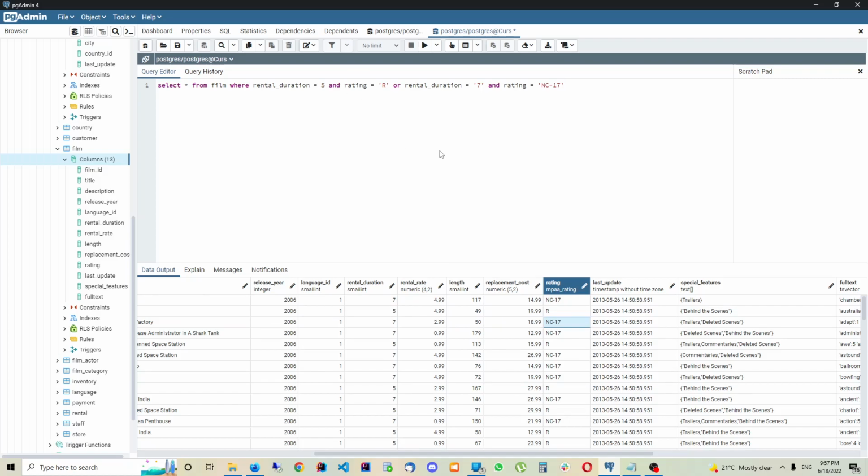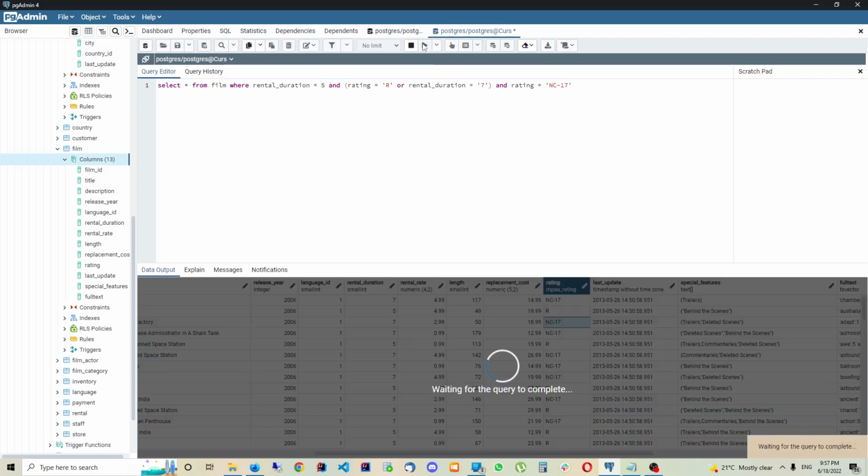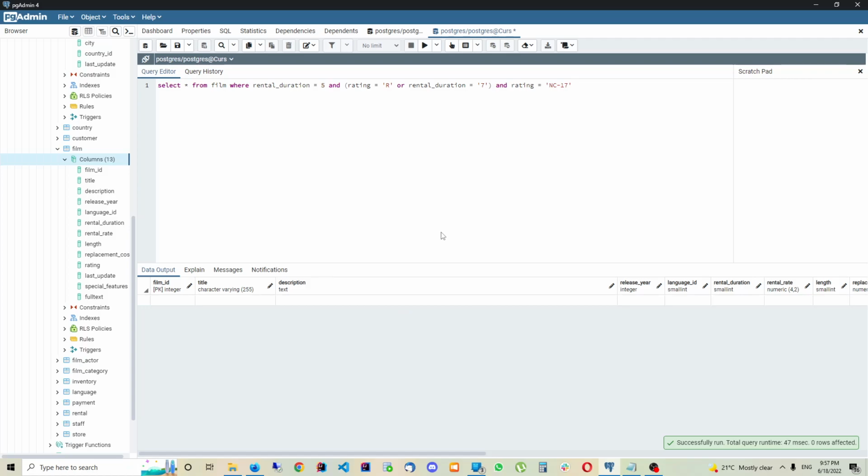But what will happen, for example, if I type here this parenthesis? What is it going to do? You can see that I have 0 rows. Why? Because the order of examination of these conditions has changed. Parentheses will always give priority to the condition that is written inside the parentheses. So what is it going to do here?